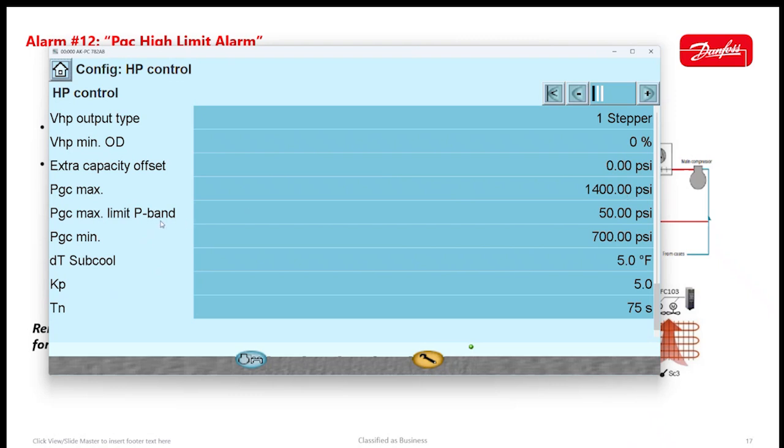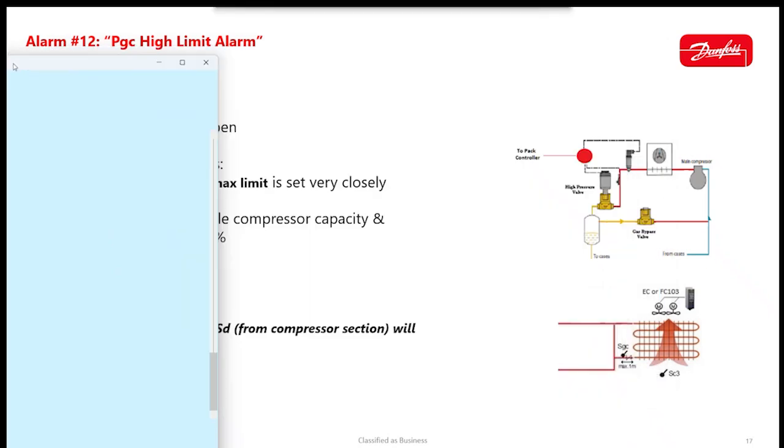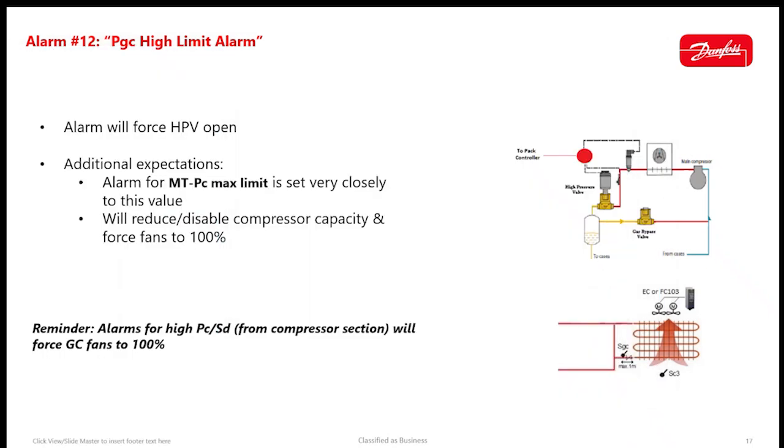We actually do have a P band, max limit P band here as well, of 50. We'll take similar action here where once we get to 1350, we'll start to open that high pressure valve linearly until we reach 1400. And by the time we hit 1400 psi with the settings we have in place, that high pressure valve should be fully open.